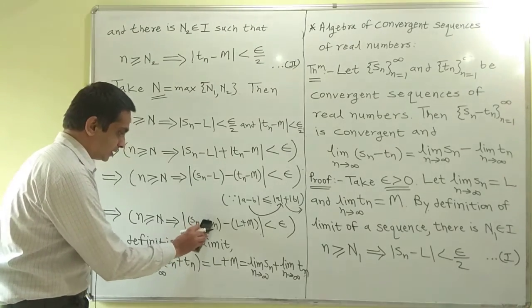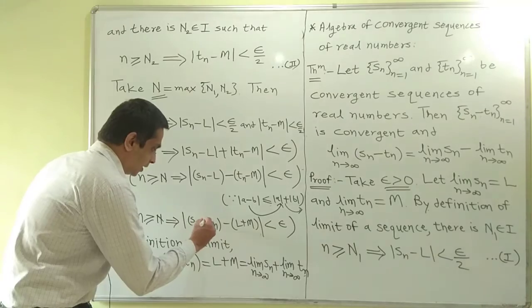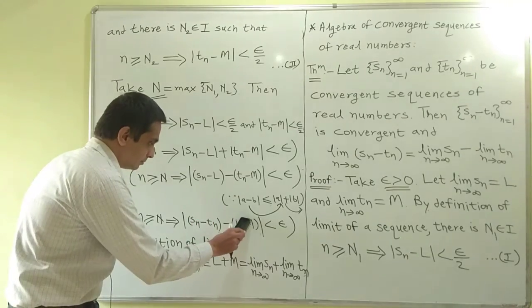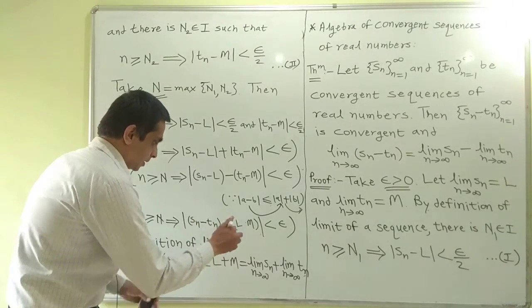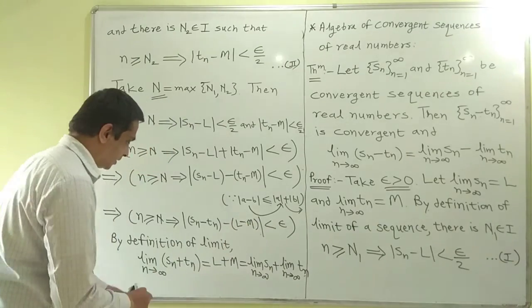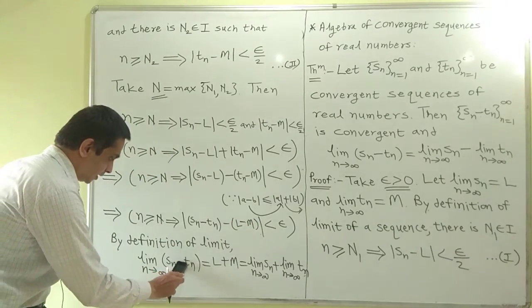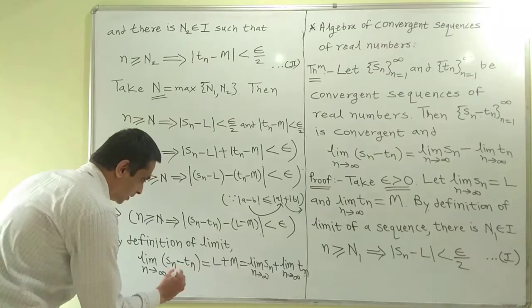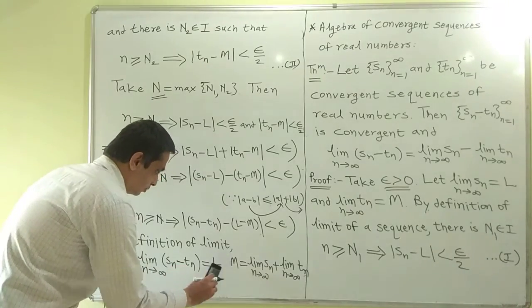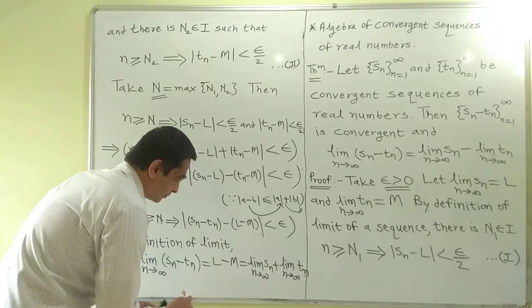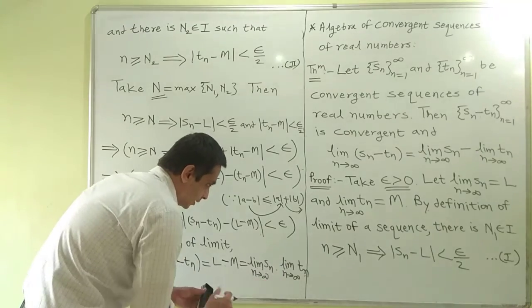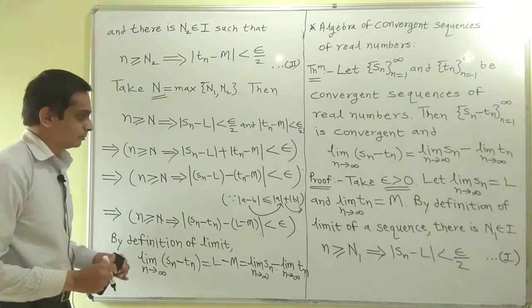Sn minus Tn minus L minus M, and by definition of limit it will follow that limit of Sn minus Tn is equal to L minus M. So the proof is similar.